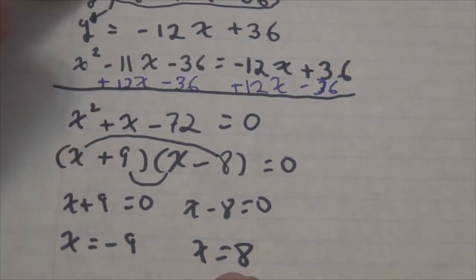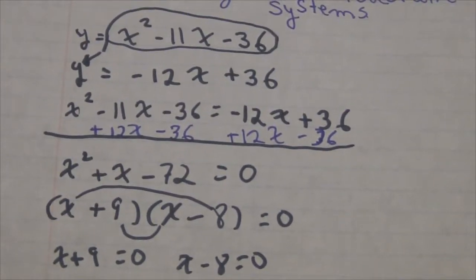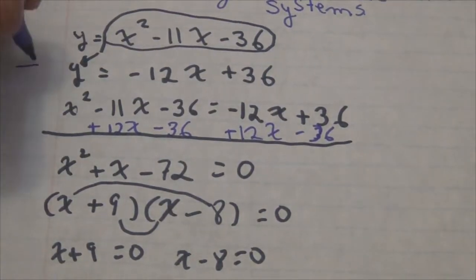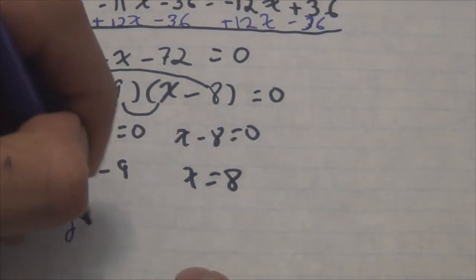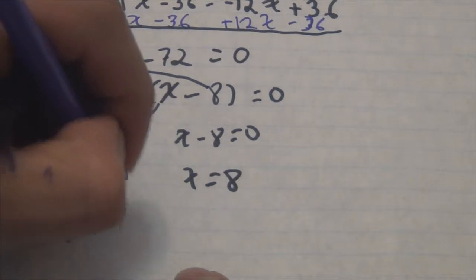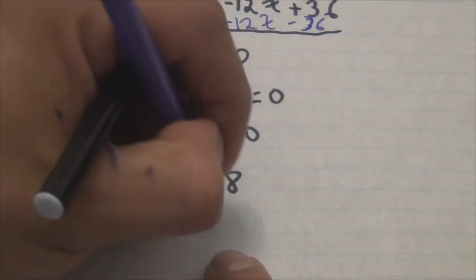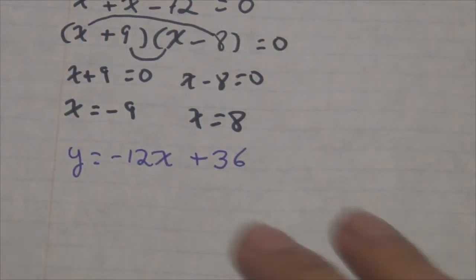Easy. Take each of the x's and replace it into one of the equations. I am going to take the easiest equation, which is the linear. I'm going to copy the equation down here so you can see it: y equals negative 12x plus 36. I'm going to replace each of the x values that I found.